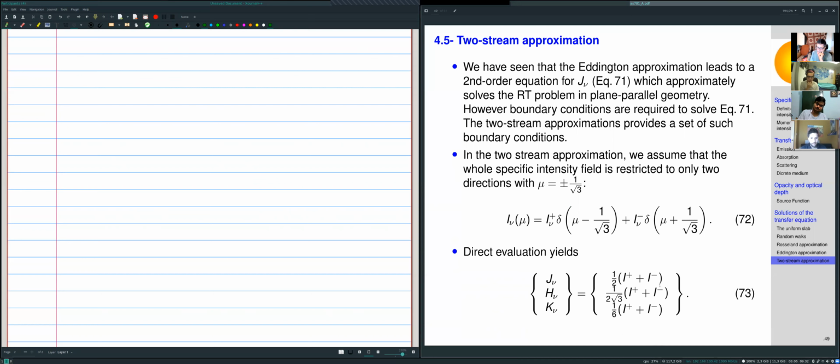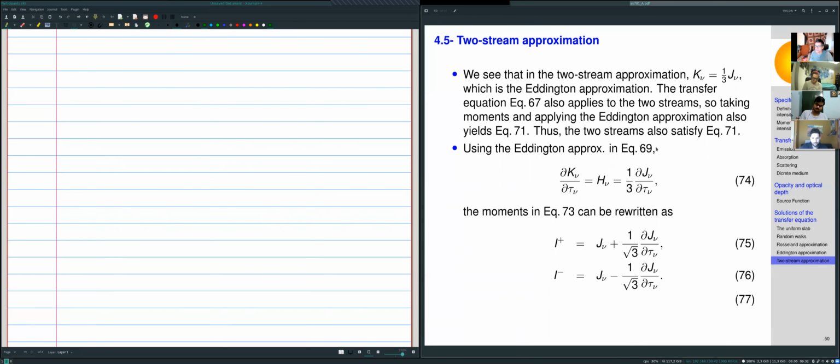It turns out that here the radiation pressure is indeed 1/3 of the mean specific intensity, same as the Eddington approximation, even though this is a completely different case. Mathematically, it gives the same relationships.